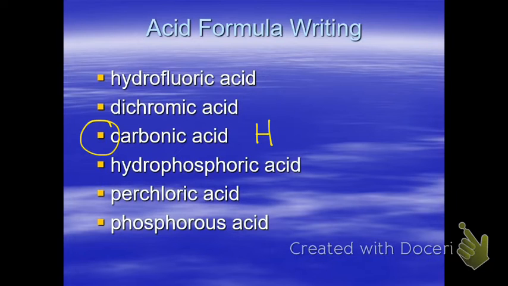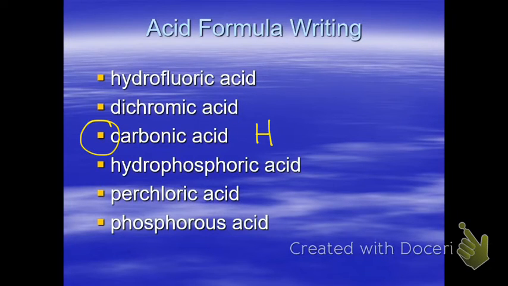Now look at the word carbonic. I don't see a prefix hydro. It's not there. Think about what that means. There's no hydro prefix. That means it's an oxy acid. And in your mind, I want you to think, okay, that's one of my polyatomic ions, but which one?